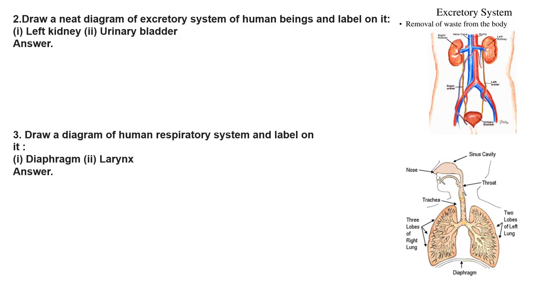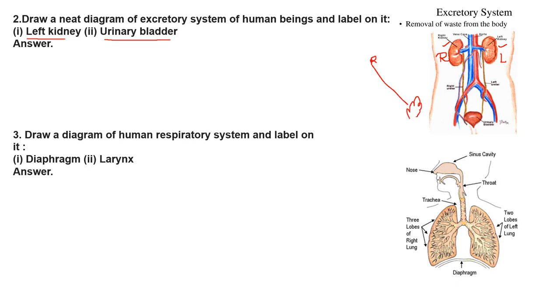Now let's take the diagrams, children. Here you have to draw a neat diagram of the excretory system of human being and label on it the left kidney and urinary bladder. Okay, here if you see the diagram, why they have told you to mark the left kidney? Because this is your right kidney and this is your left kidney. Your right always corresponds to your right hand, right?